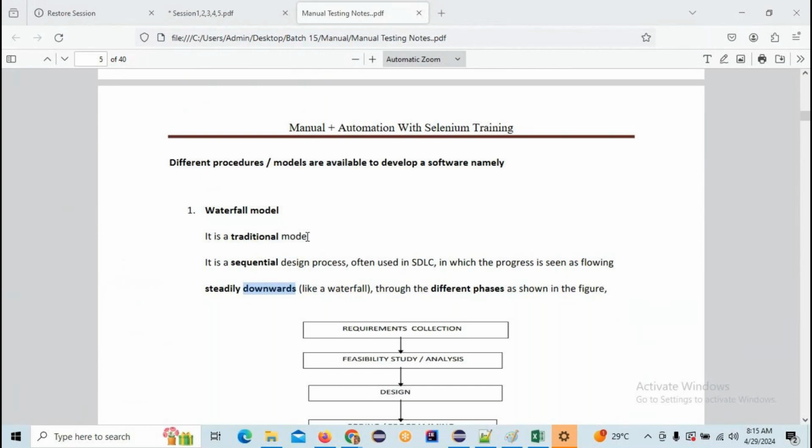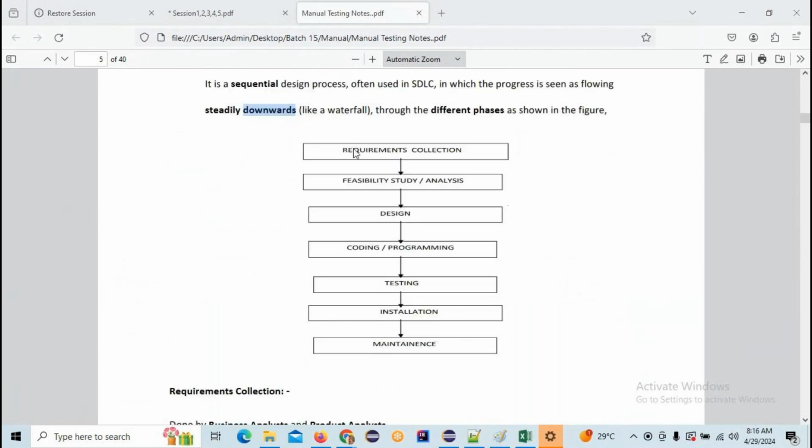Here you can see requirement analysis, feasibility study, design, coding, testing, deployment or installation, and maintenance. The flow goes from top to bottom, steadily downwards, from requirement collection to maintenance.